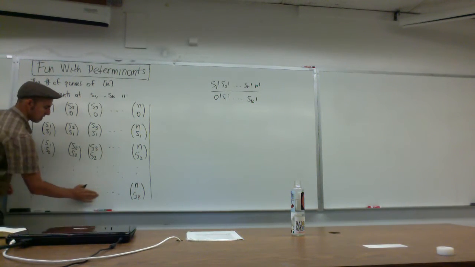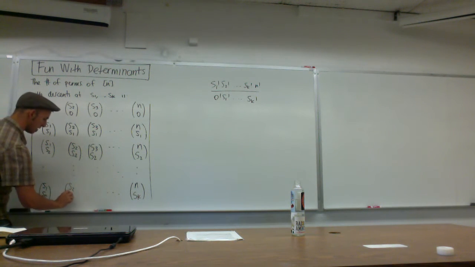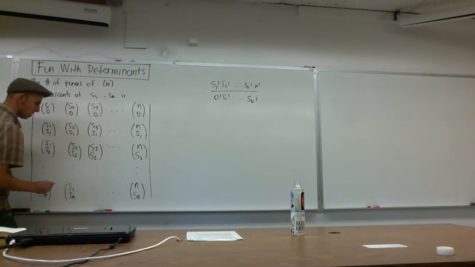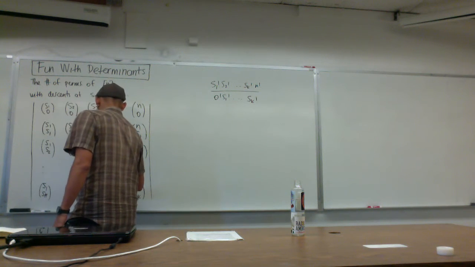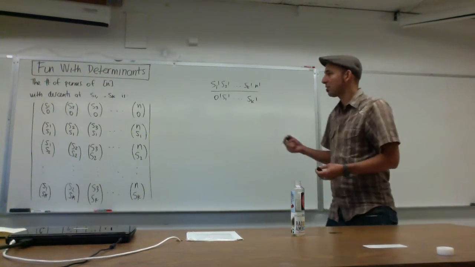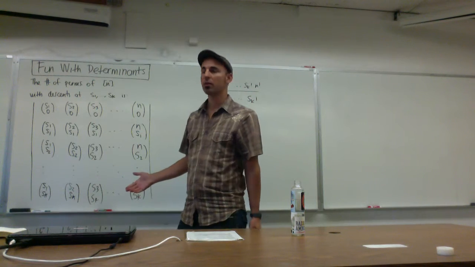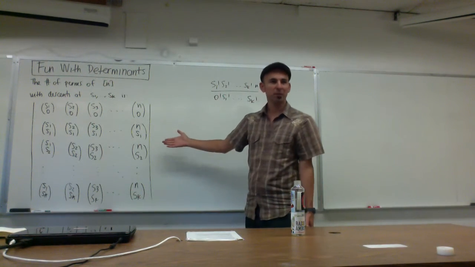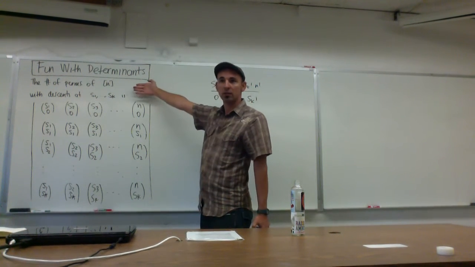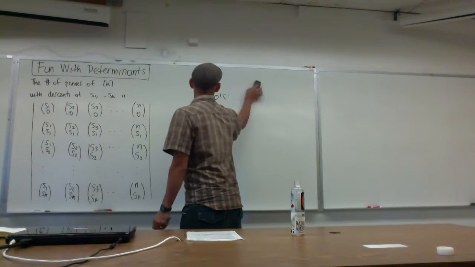And so here I can write S1 choose Sn, S2 choose Sn, oh, S2 choose Sk, sorry. S3 choose Sk, and so on. Okay? And so I get this square matrix of binomial coefficients. And I'm claiming, I'm not claiming, we proved that this determinant is equal to the answer to this combinatorial problem.